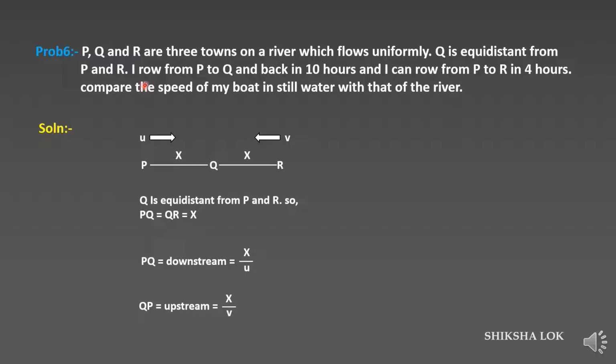Now from P to Q traveling and Q to P returning takes 10 hours. And now I can row from P to R. P to R means that's only downstream, so the total distance is 2x and the downstream speed is u. It travels in 4 hours.